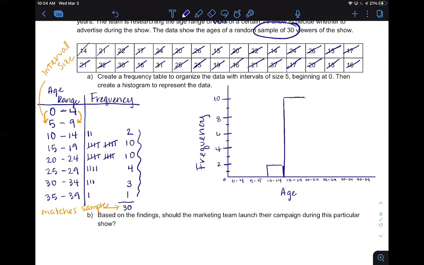And then goes across. 20 to 24 is 10. 25 to 29, 4. 30 to 34, 3. And 35 to 39, 1.